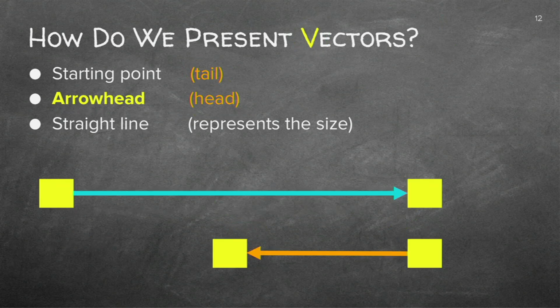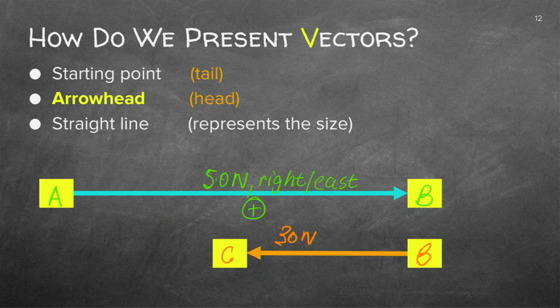I've got another diagram. I've got point A here, and I'm pulling this block, for instance, with a force of 50 newtons to point B. I moved it to the right, I moved it east, or I moved it in a positive direction. On the other hand, I took that same block from B to C. I now pulled it with 30 newtons to the left, to the west, or if you use plus, this will mean in the negative direction.